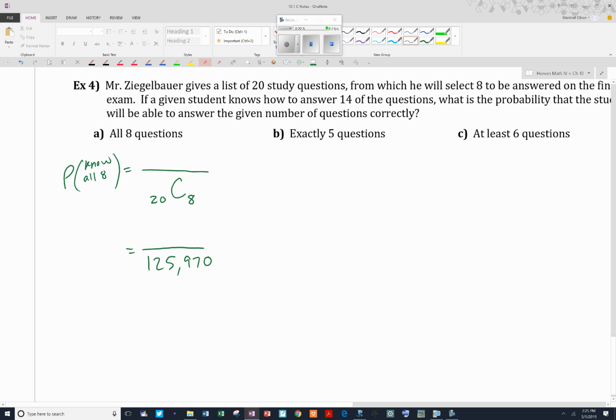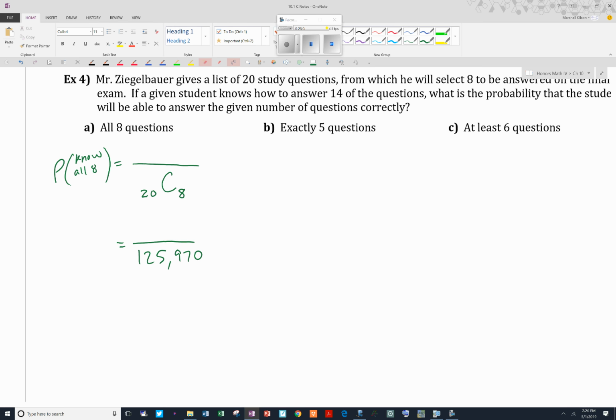So now, how many of those scenarios involve selecting questions that you know? How many questions do you know? 14 out of the 20, right? Out of the 14 questions that you know, how many ways are there to pick 8 of them? Out of that group of 14, how many ways are there to get the 8 questions?